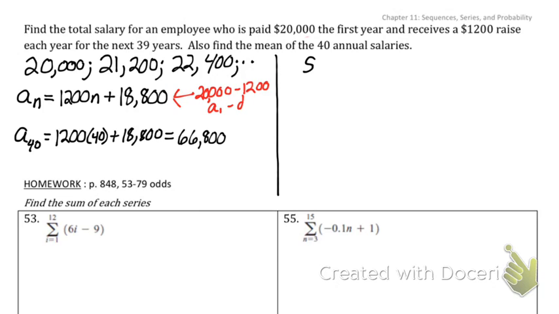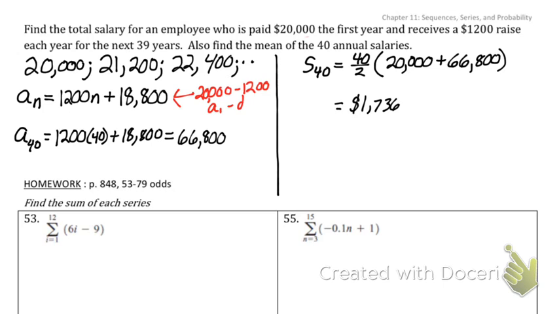So our partial sum equation for 40 years is going to equal, I have 40 terms divided by 2, and we're going to multiply by his starting salary of 20,000 plus his end salary of 66,800. So in 40 years, he makes a grand total of $1,736,000.